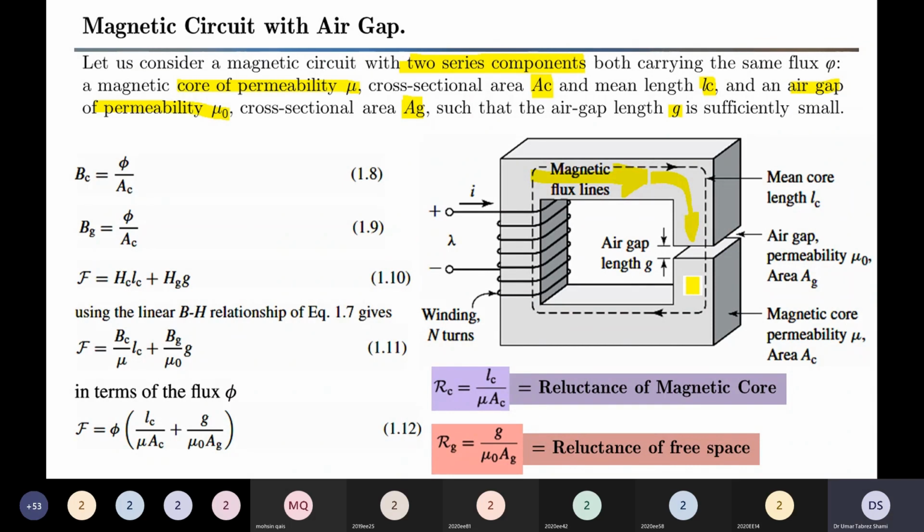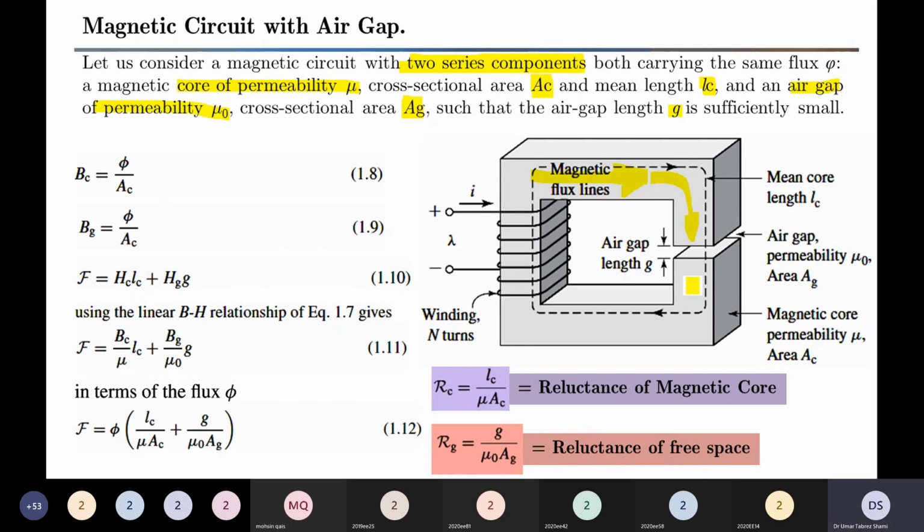So for the flux, the magnetic core of permeability mu and the air are in series, because whatever flux flows through the magnetic core, the same flux also flows through the air gap. Therefore, the magnetic material and the air gap are in series.